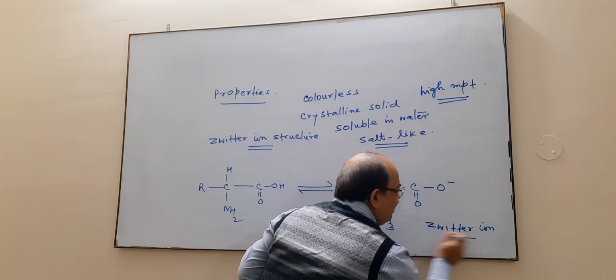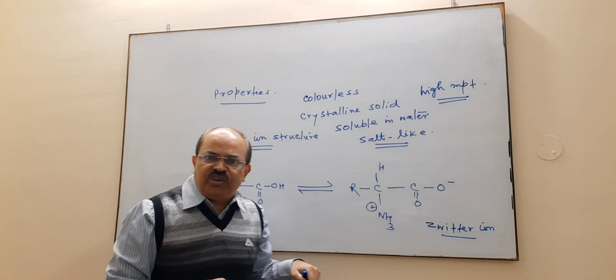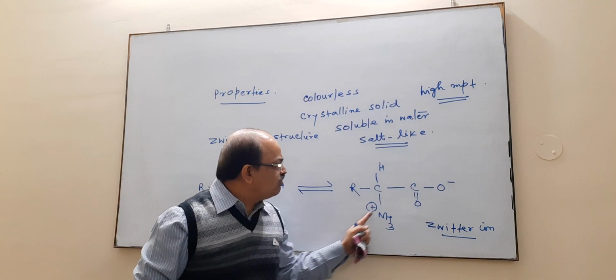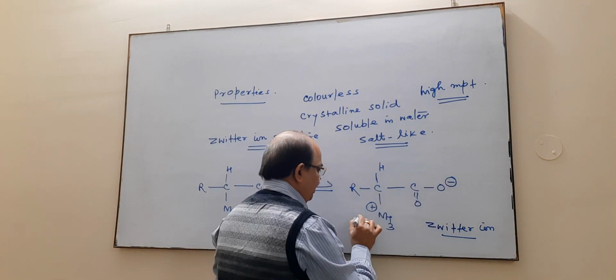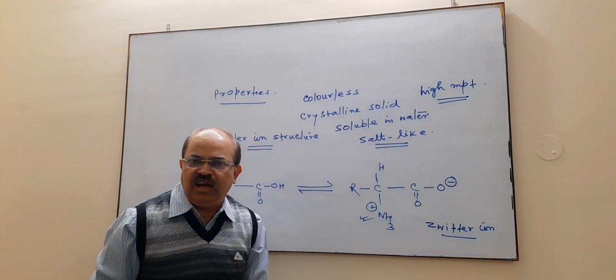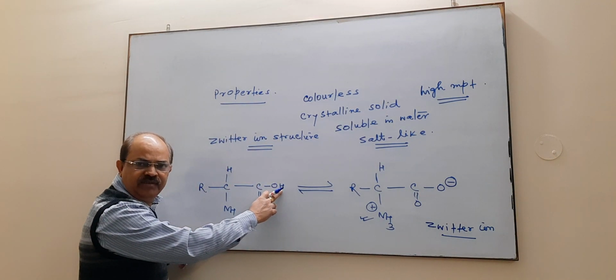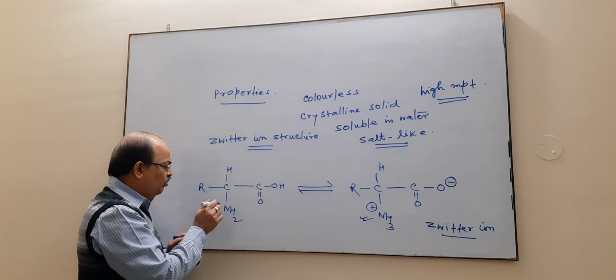तो सबसे पहला सवाल ये उठता है कि zwitterion है क्या? It is a salt-like structure in which both the positive and negative charge are present. देखिए, here is your positive charge. Why positive charge? This acid will give proton and it has a lone pair. यहाँ पे lone pair है.